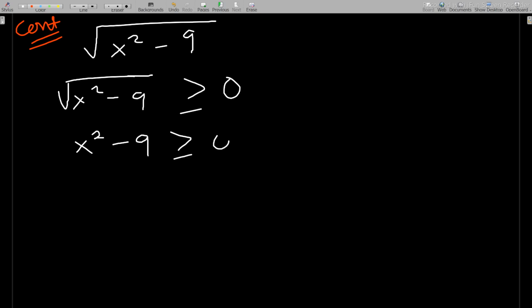Okay, so I have s squared greater than or equal to 9, so x greater than or equal to plus or minus 3. Okay, for this to be defined, x should be this, greater than or equal to plus or minus 3.